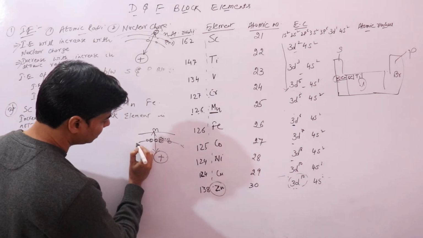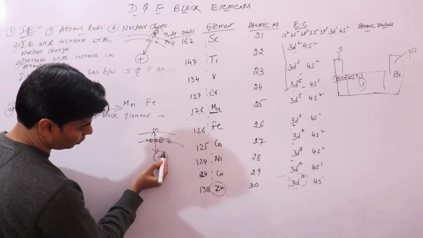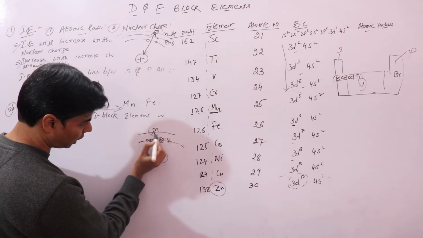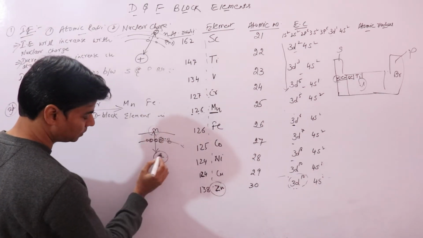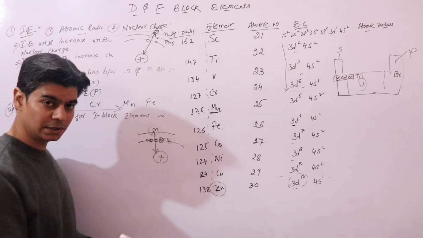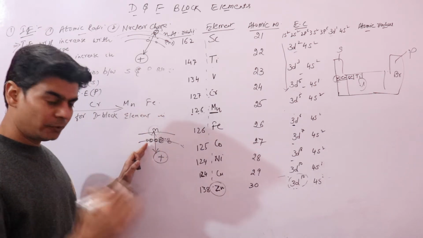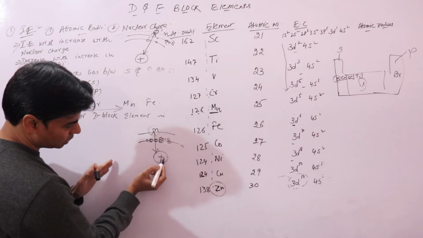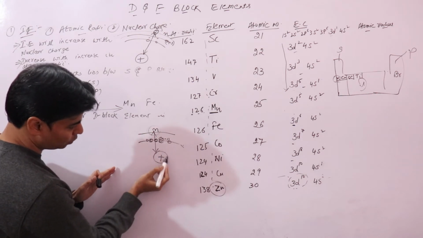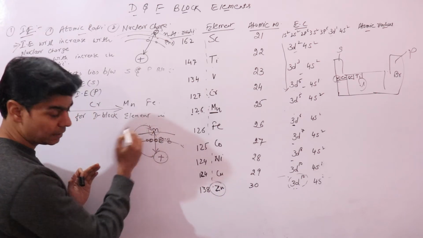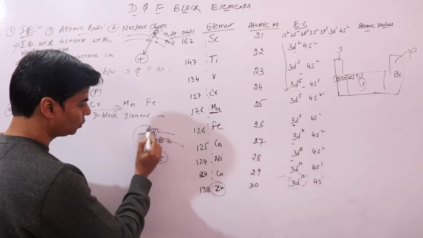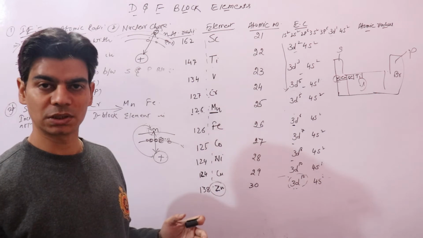So the force of attraction of the nucleus on the outermost shell electron will decrease, and you have to give less energy in order to remove this electron.